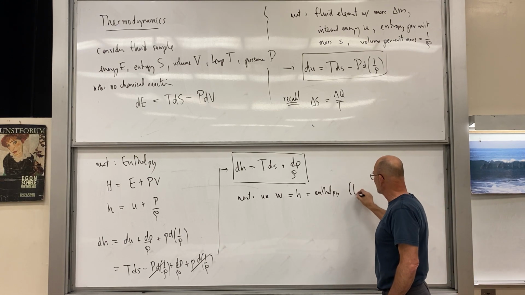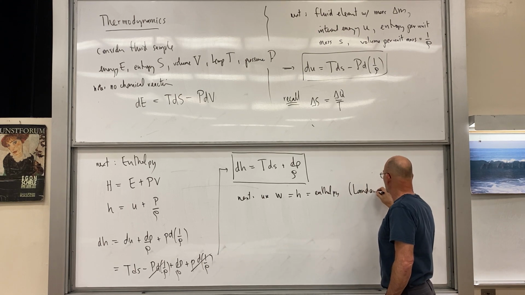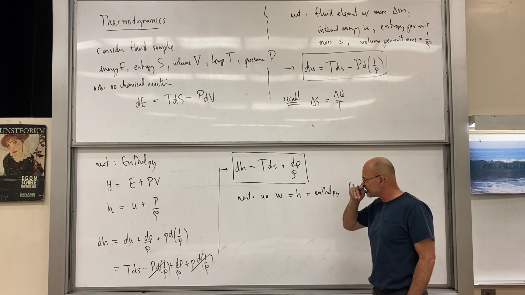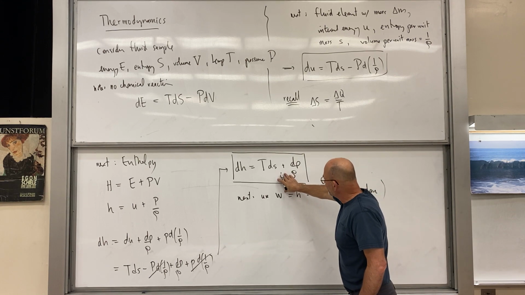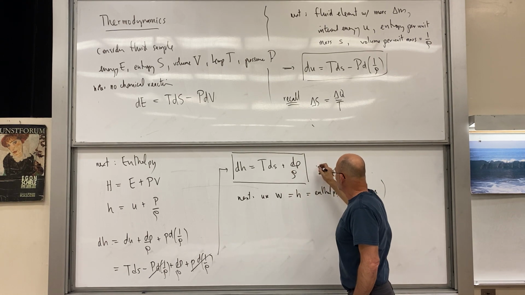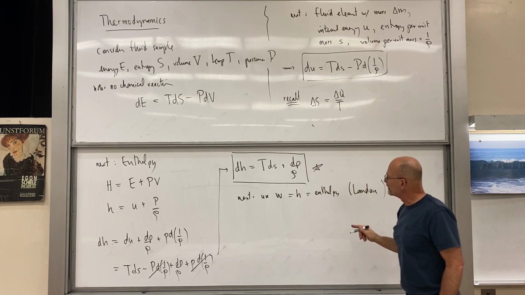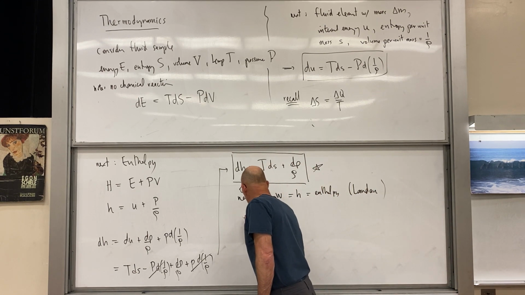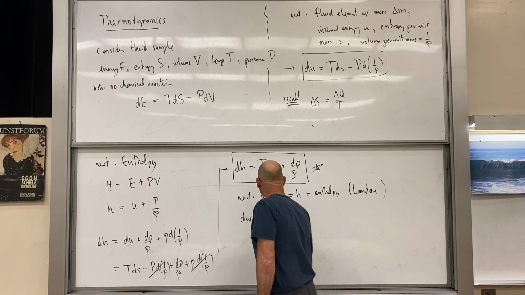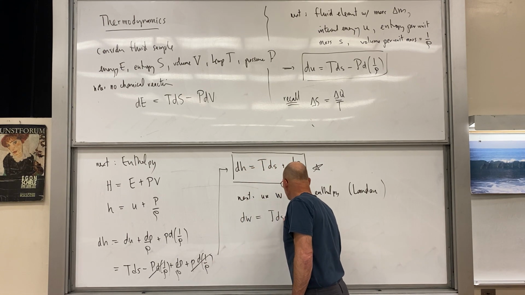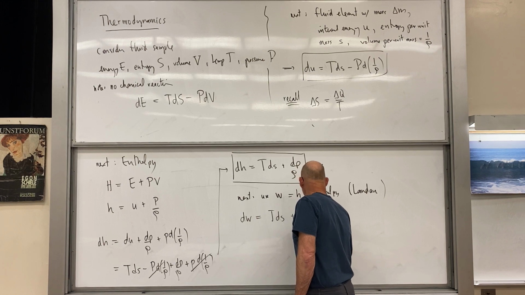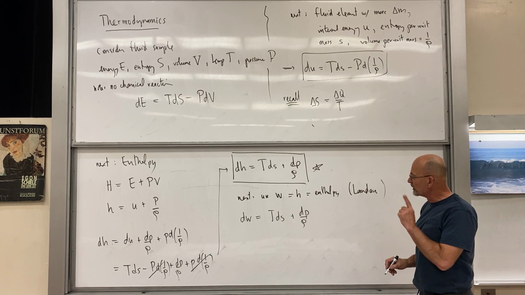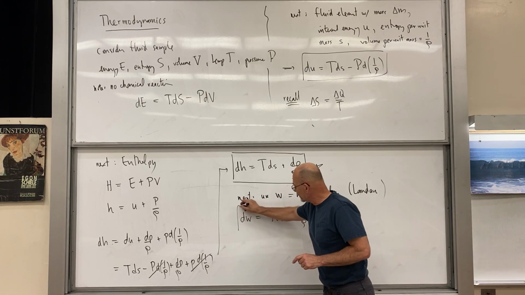Landau uses that, segueing back into Landau. So we're just going to use W, so I'll even write it down: dW equals T ds plus dP divided by rho. We'll put a box around here too.